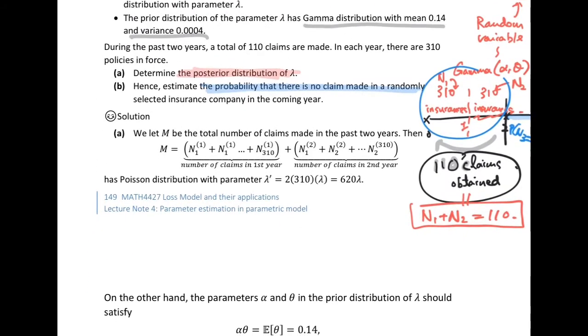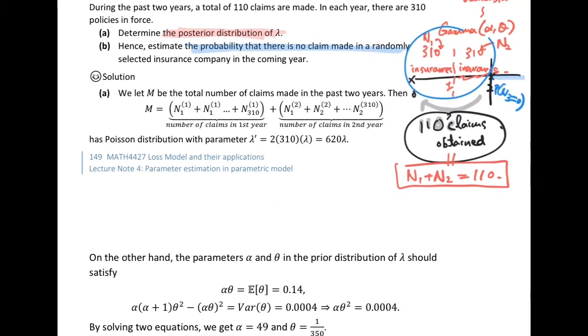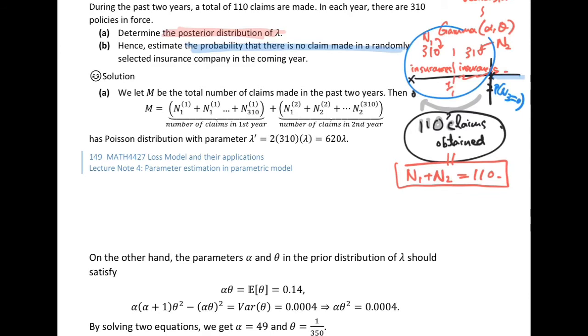Let us analyze this problem a little bit. First of all, for part A, our goal is just to get the posterior distribution of lambda.